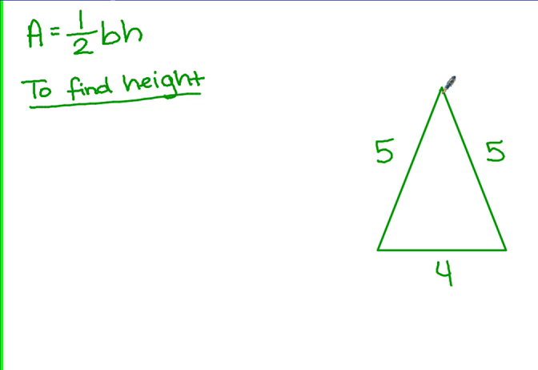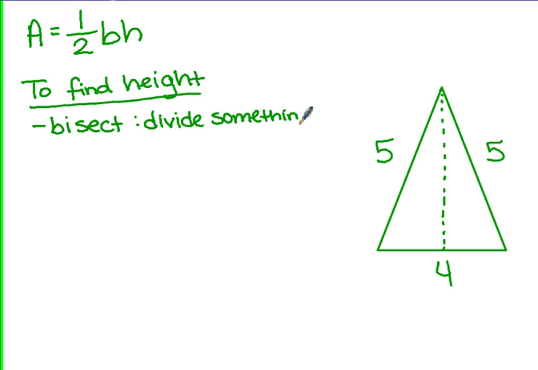So what we're going to do is bisect, or split in half, our triangle. All right, so we want to bisect, which means to divide something in two. We want to bisect the angle, okay?